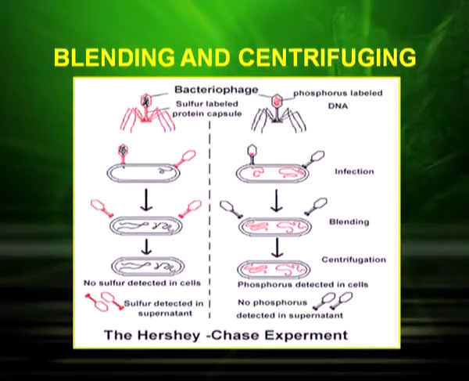On the other hand, they found S35 radioactivity in the supernatant. So, the following diagram clearly shows the two experiments were performed in parallel, in which they used P32 in one and S35 in the other. The supernatant shows S35. On the other hand, the pellet shows P32.